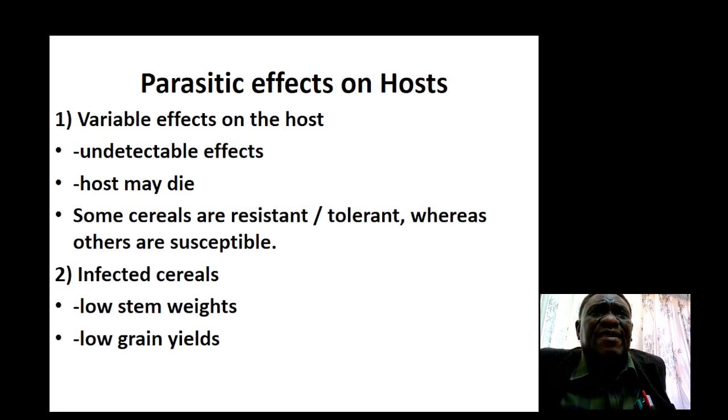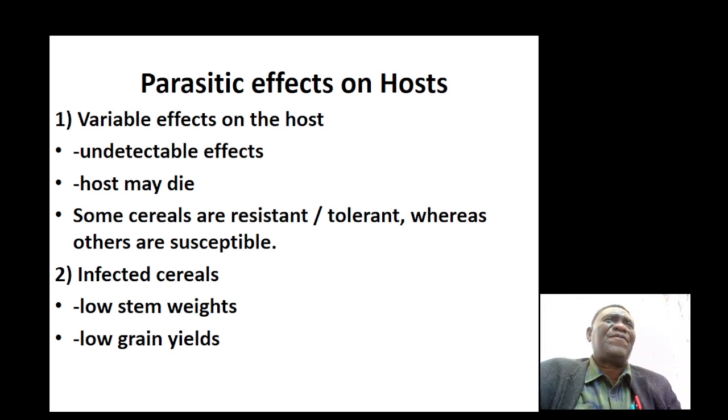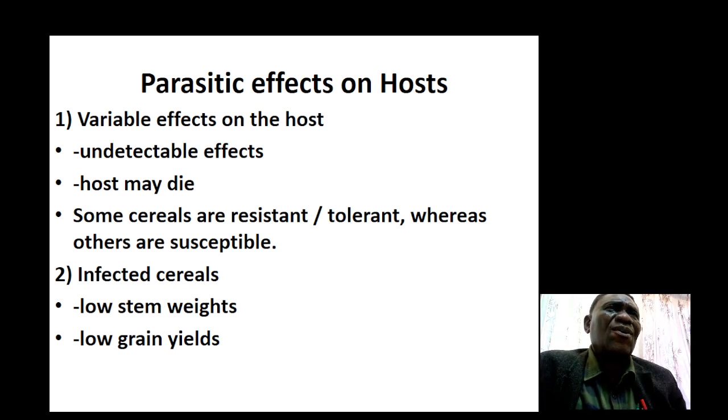Now, let us wind up by looking at the effects on the parasite. Now the effects of the parasite are variable depending on the host. Sometimes you cannot see them. Maybe it's a tolerant variety or is a resistant variety.